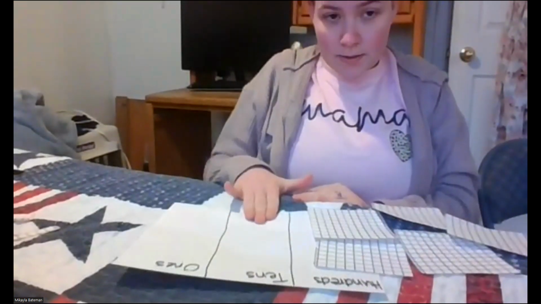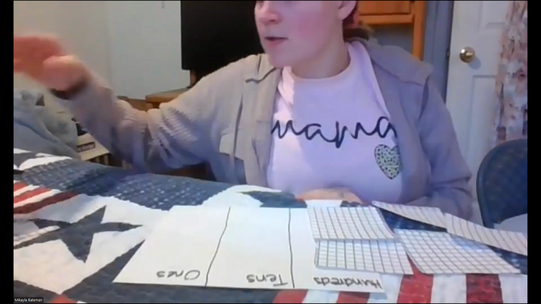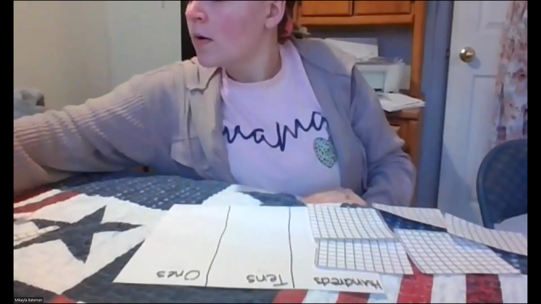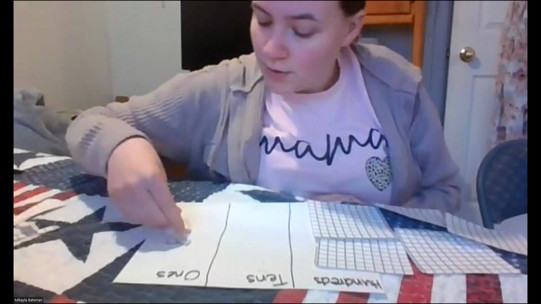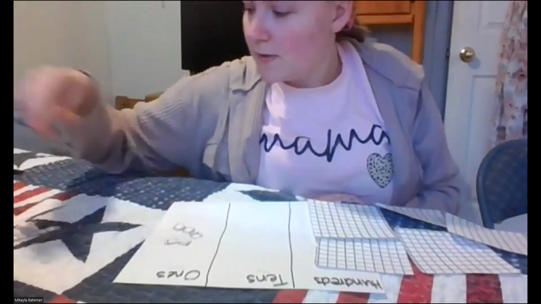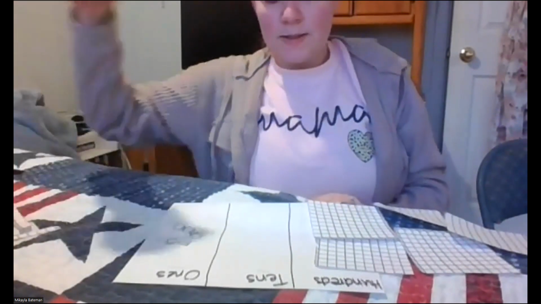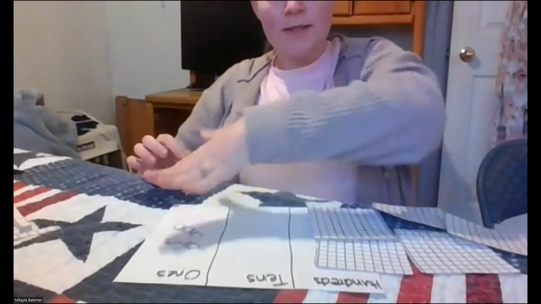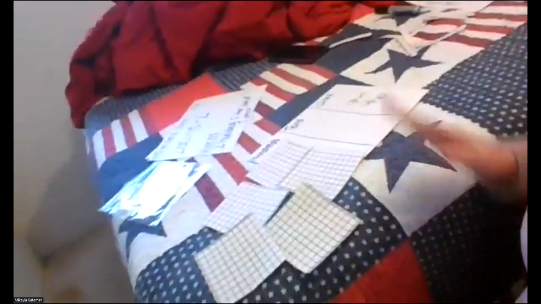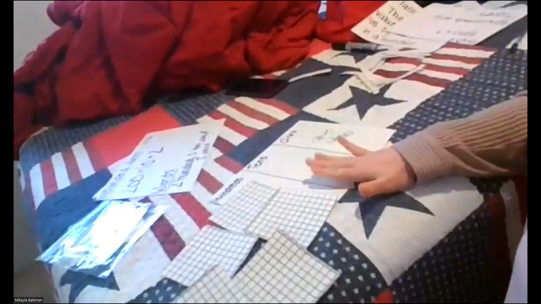We don't have any tens, so we're just going to leave that one blank, and then we're going to have 7 ones. 1, 2, 3, 4, 5, 6, 7. That's 507. We have 500s, we don't have any tens, and we have 7 ones. That is how you're going to write it on your homework worksheet.